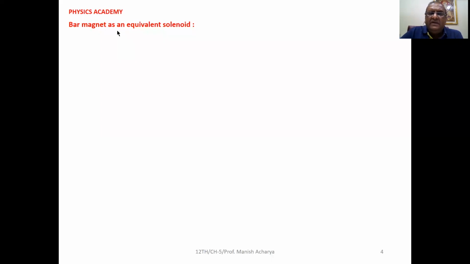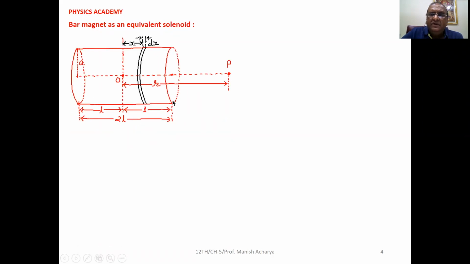Now, bar magnet as an equivalent solenoid. So here, let's derive the equation for the magnetic field at any point on the axis of the solenoid, the point that is outside the solenoid, and then here we will represent that particular equation in terms of magnetic moment.